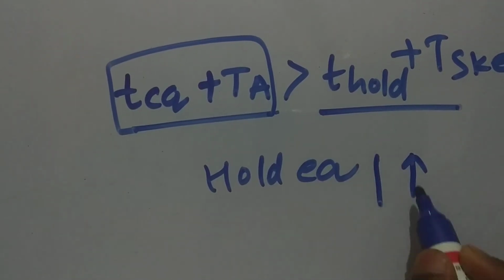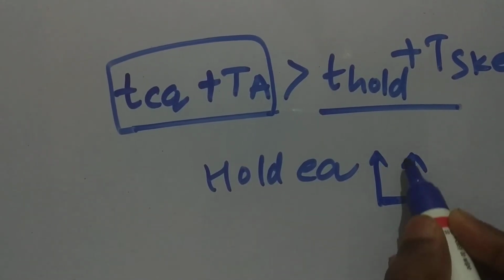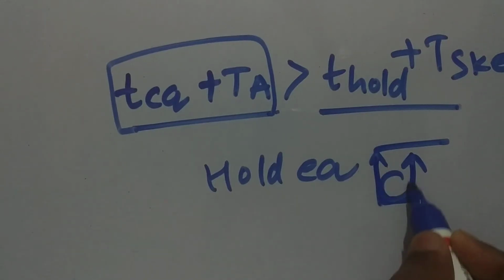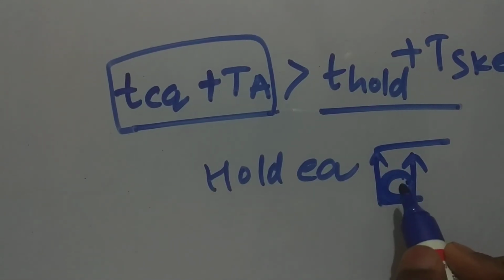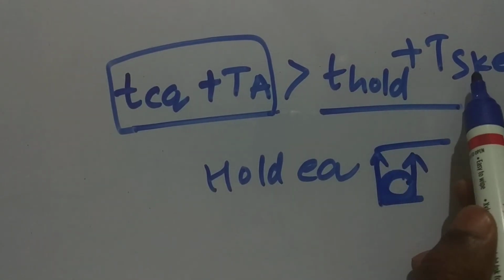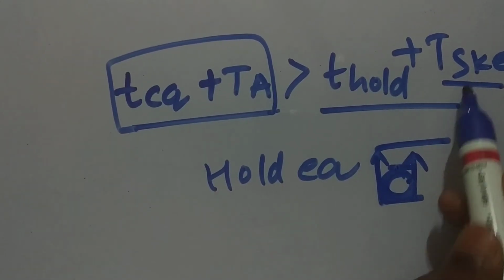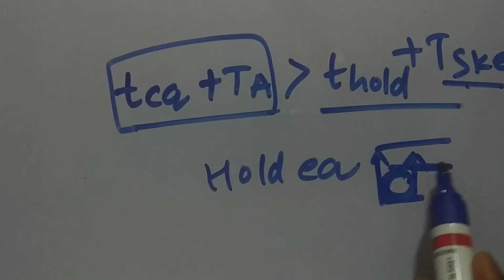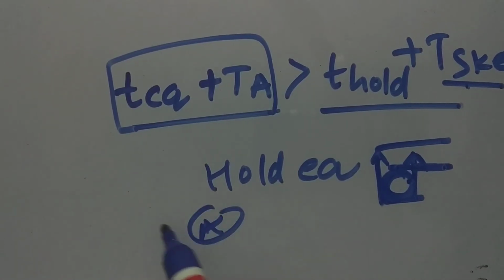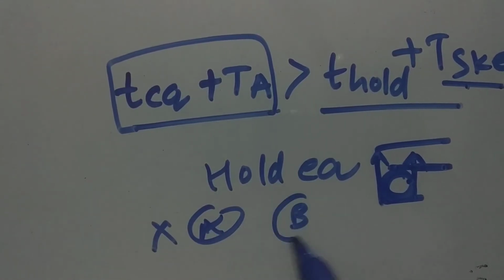Okay, if this is the capturing edge, in this window it must be stable. As a result, if the negative skew is there, we are reducing this window. If positive skew is there, we are increasing this window. So in case A, there is a problem, and in case B, there is less of a problem with the hold. I hope you understood now the hold equation and where it's causing the trouble.